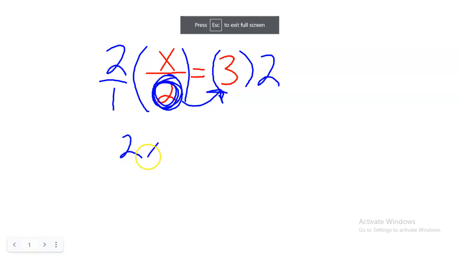So I'd have 2 times x all over 2, which is equal to 6. Okay, and then what happens to those 2's? They reduce to 1, and I'm left with x is equal to 6.